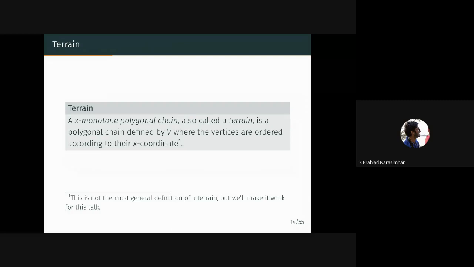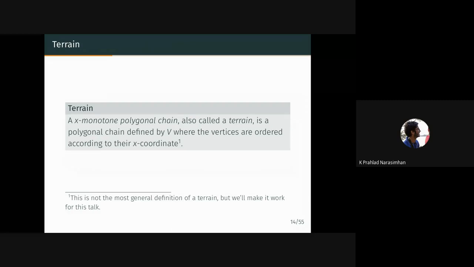I don't like that notation, so I'll just use terrain. I put a footnote here because this is not the most general definition of a terrain, but for the purpose of the talk, we'll make it work. So you can just think of it as this.